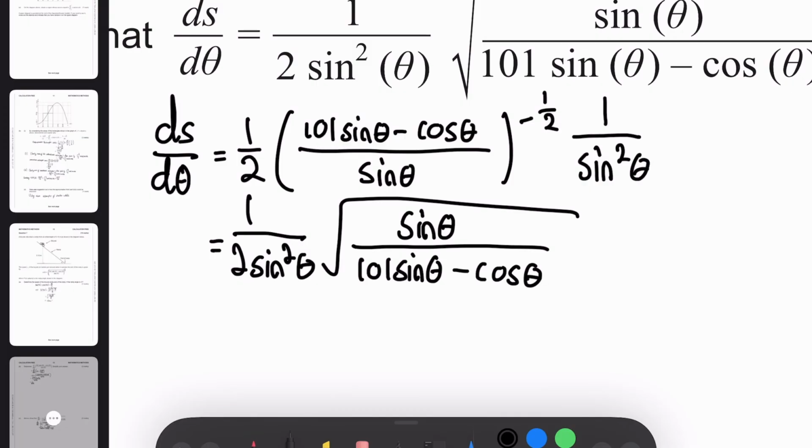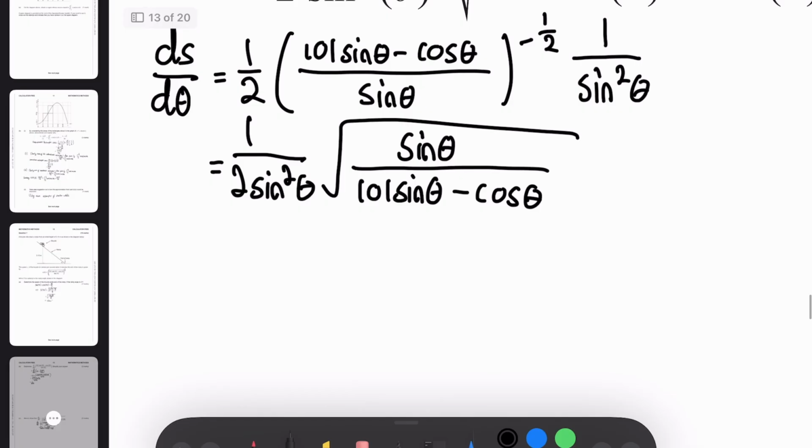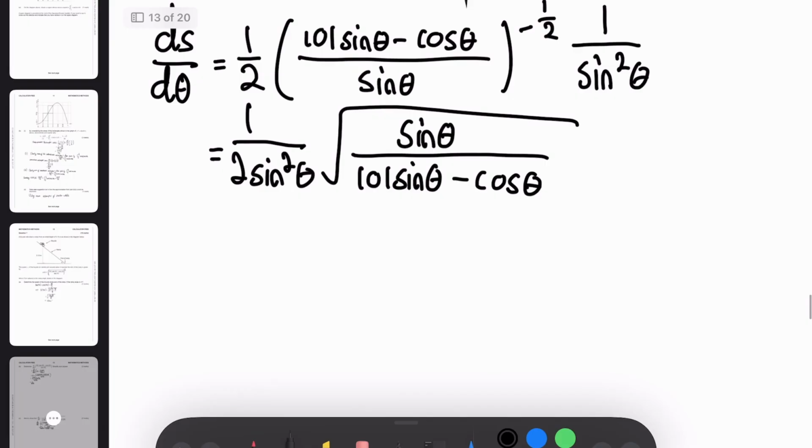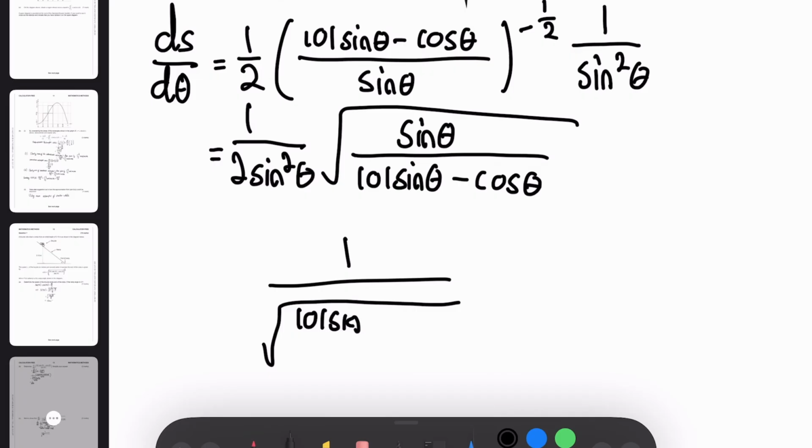Okay, very nice. Now, this is kind of like a little trick where you can just straight away go to the inverse of the square root. Okay, but otherwise, if you want to do it properly, it would be 1 over 101 sine of theta minus cosine of theta all on sine of theta. Okay.